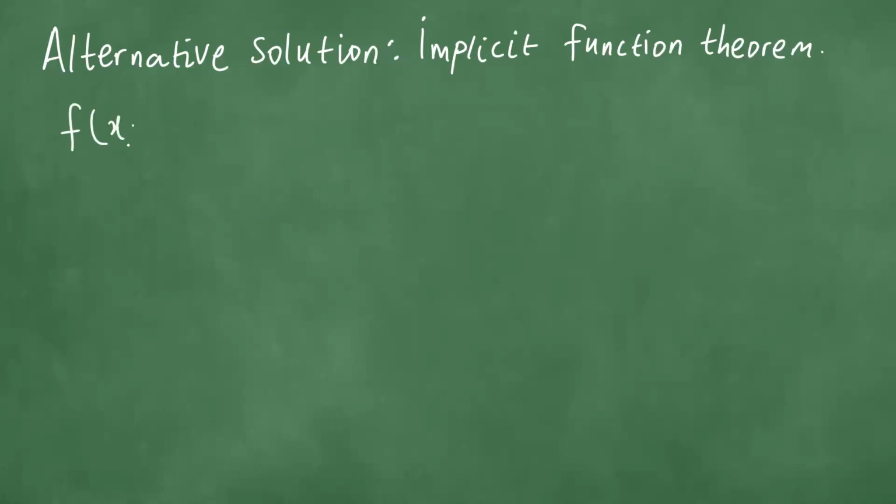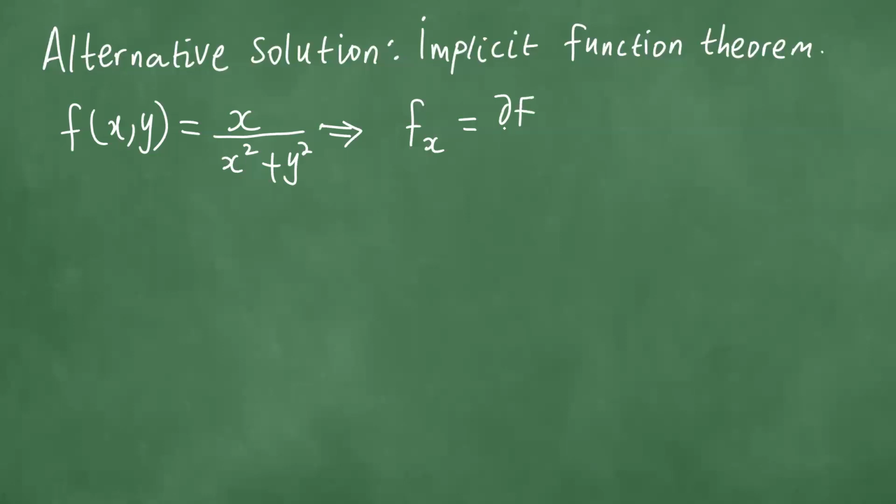So f of x and y, we know very well in this question, is x over x squared plus y squared. This produces f sub x, the partial derivative of f with respect to x.